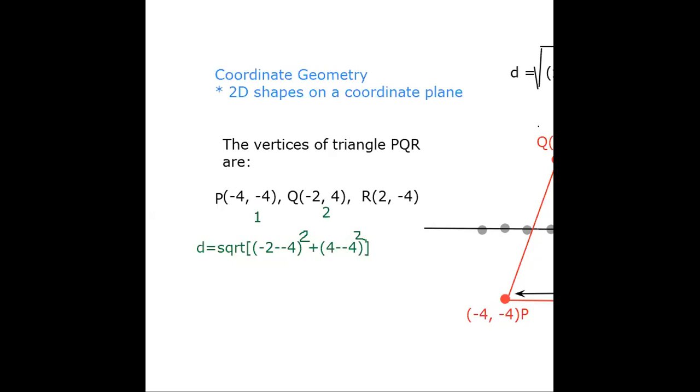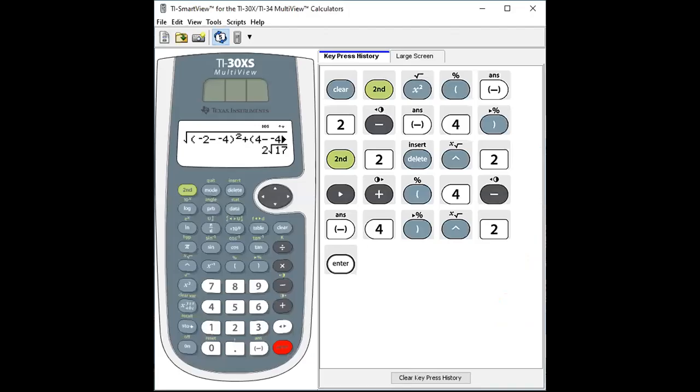Plus left parenthesis 4 minus -4, right parenthesis, up arrow 2, enter. There we go. Now I will share that calculator screen. You can compare it with what you've got. So that's the exact keystrokes that you're going to use.